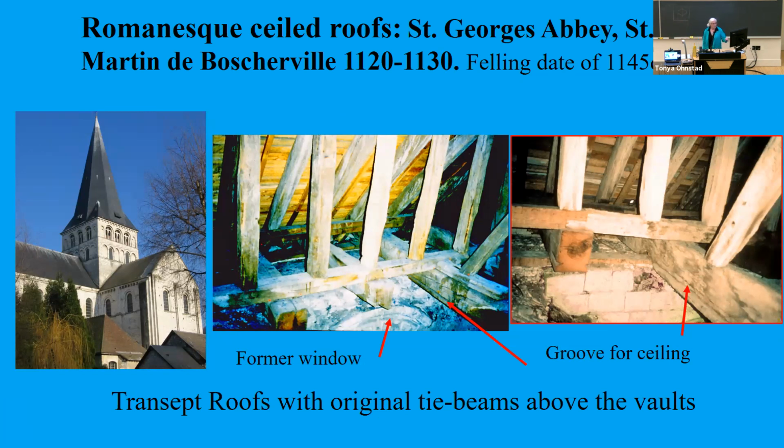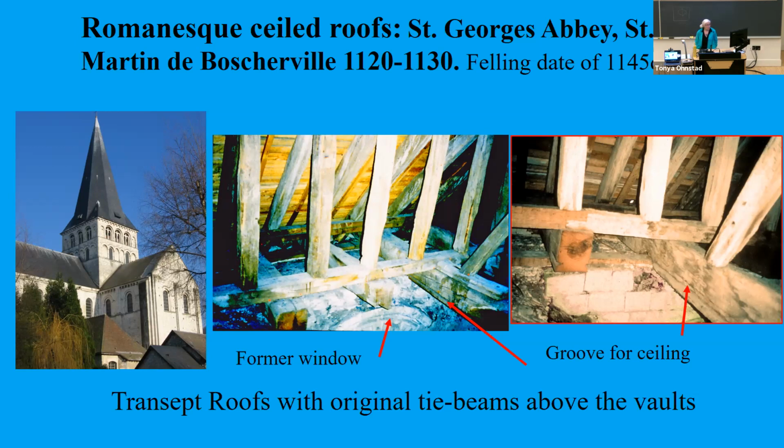The vaults were inserted after the roof, and you can just barely see the molding of the former window. To make room for the vaults, they cut off the tie beams. And so here you can see the big square section of the tie. It is always going to be the largest piece of wood in any truss that you build.